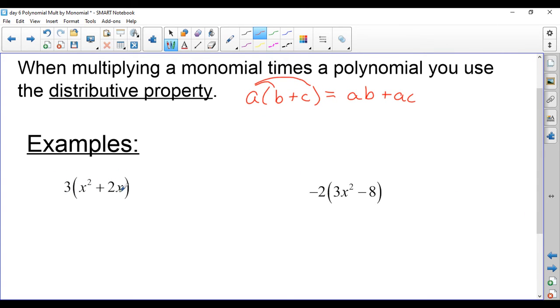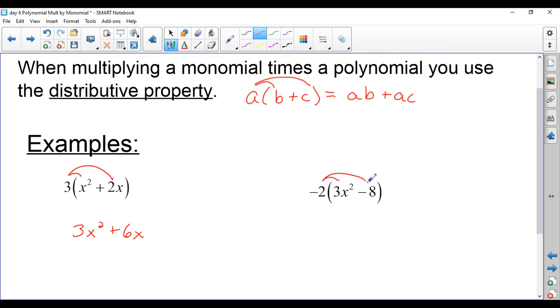Here I have a 3 multiplying x squared plus 2x. So this is the monomial 3 times the binomial x squared plus 2x. I'm going to distribute the 3. I multiply 3 times x squared plus 3 times 2 is 6x. Here I need to distribute my -2.